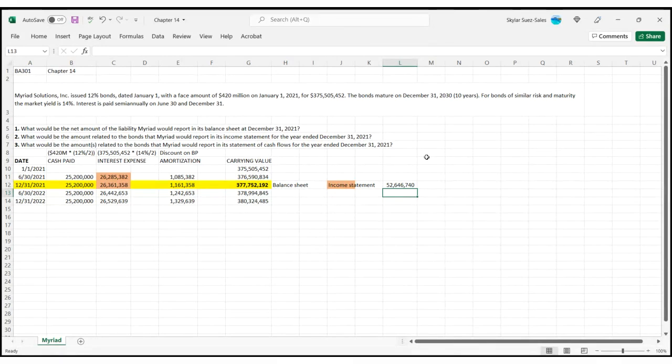Any amounts that are received or due from creditors and shareholders are reported in the financing section of the statement of cash flows. So would anything here apply to that section? And what would be the amount that would be reported there?